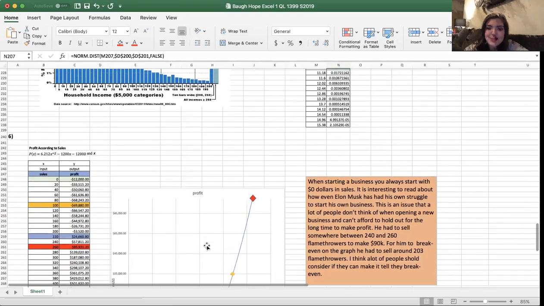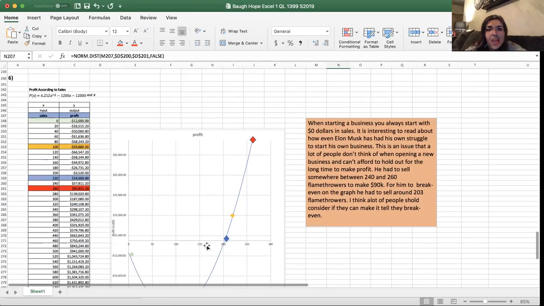So then on number 6, I did not realize that Elon Musk, I guess I just thought because he has done so many things, that he wouldn't struggle with starting his own business. But I know from my brother starting a small business that people don't think about all the taxes that you have to pay and what it costs to open a business.